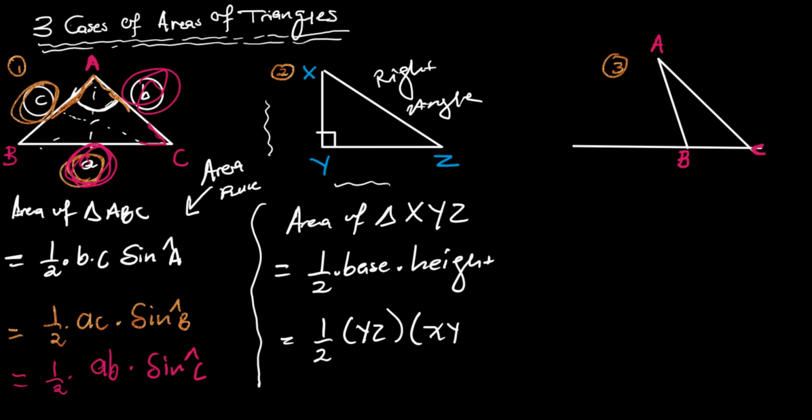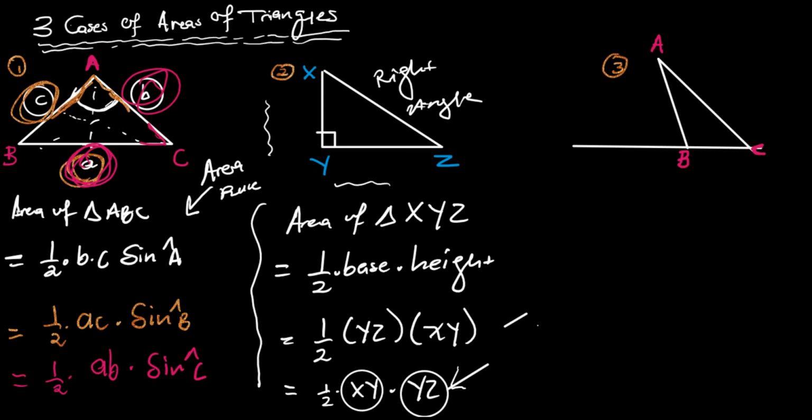Or if you were to rotate this triangle, you could have half times the base as XY, and the height as YZ. It really doesn't matter how you look at it if it is a right angle triangle, because it's just a multiplication. YZ multiplied by XY is the same as XY multiplied by YZ. That's why it doesn't matter that much.